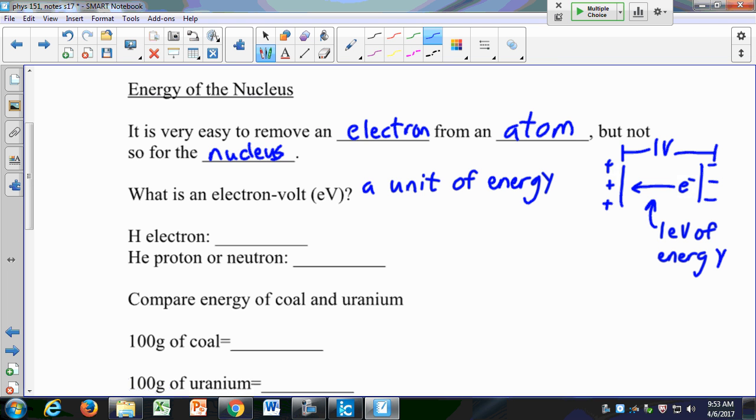We use it in atomic processes because it helps us to think about those charges and how they move throughout the atom. The hydrogen electron is 13.6 eV, just to give you some perspective. So that means that if I have a positive nucleus and then I have an electron, it requires 13.6 eV to remove that electron from that atom.